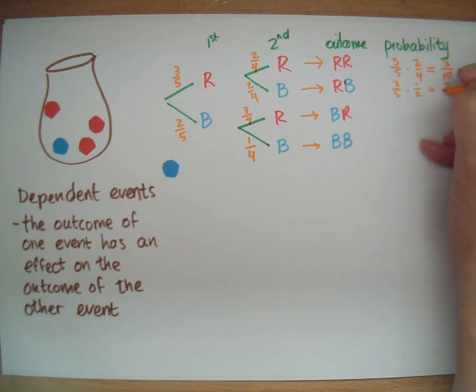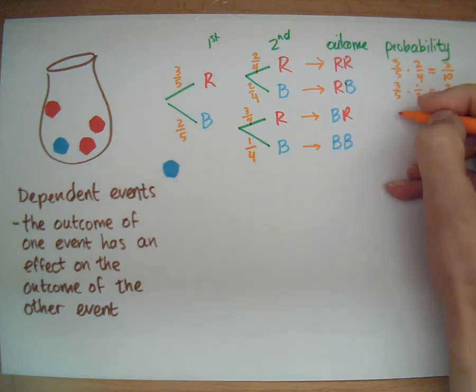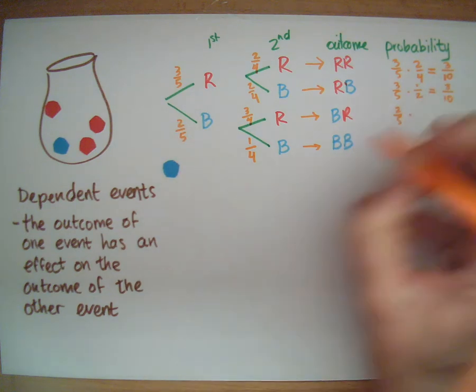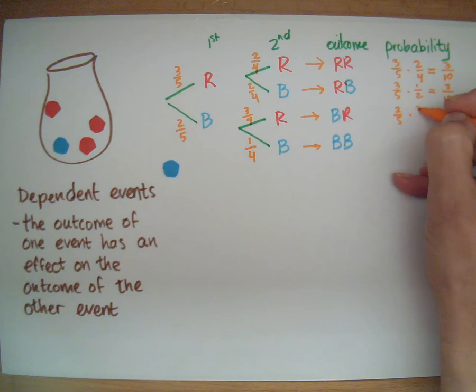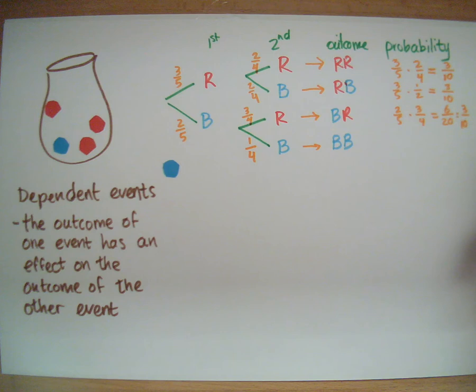3/10, once again. Chance of getting blue then red: blue was 2/5, then red 3/4. That would be 2 times 3 is 6, 5 times 4 is 20. We can simplify this to 3/10.